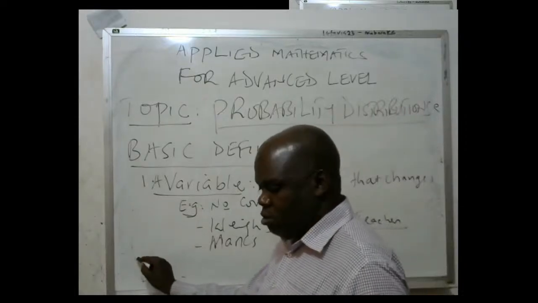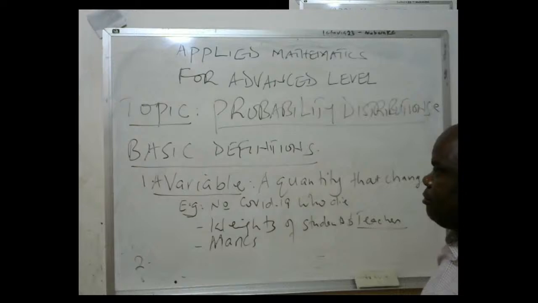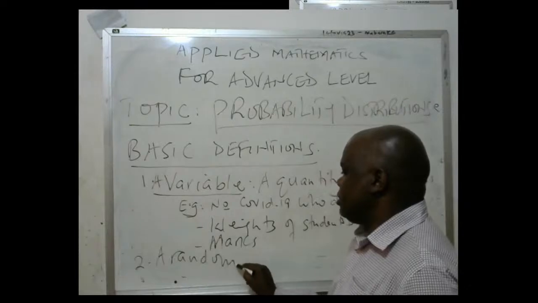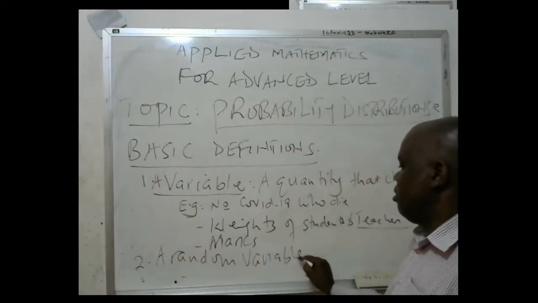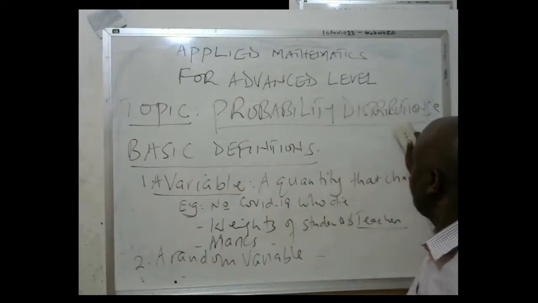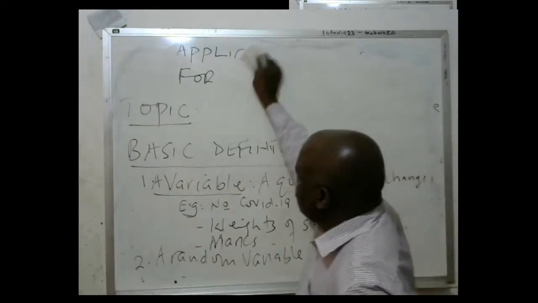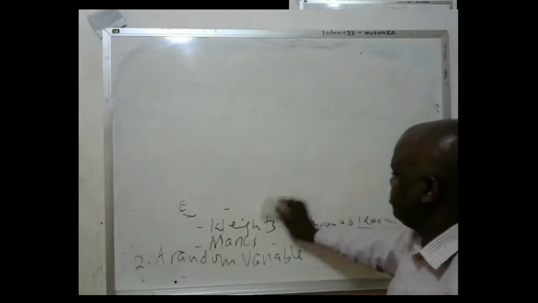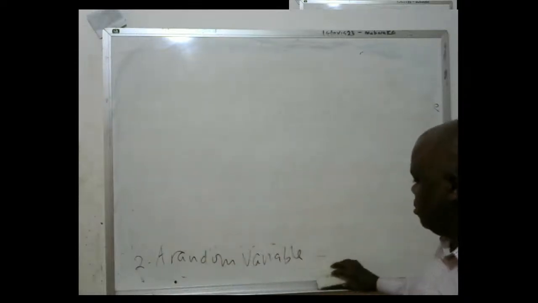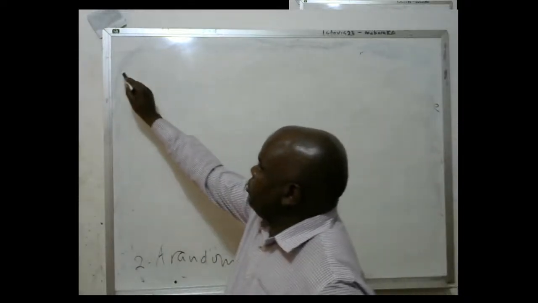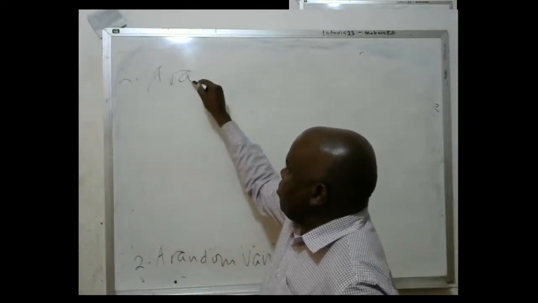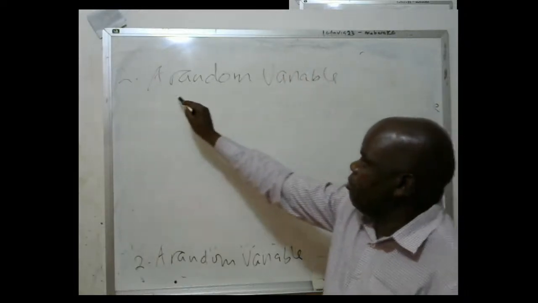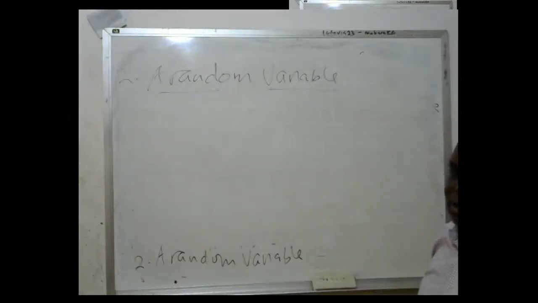Another concept which we must note is now what we call a random variable. Why do we call something a random variable? Now here, I've added a random variable. We have said a variable is a quantity that changes.